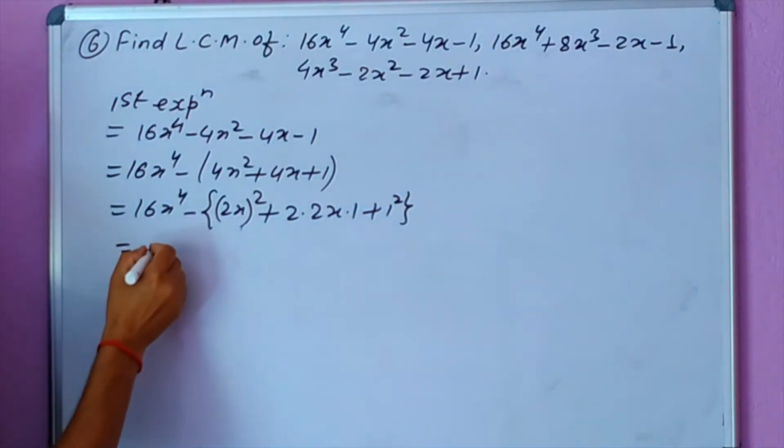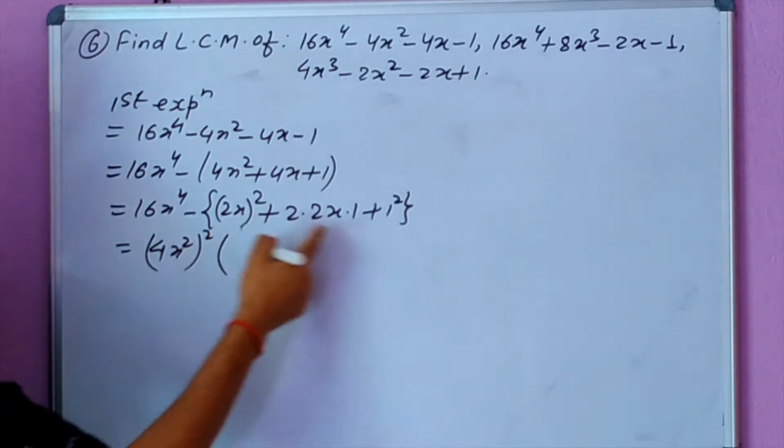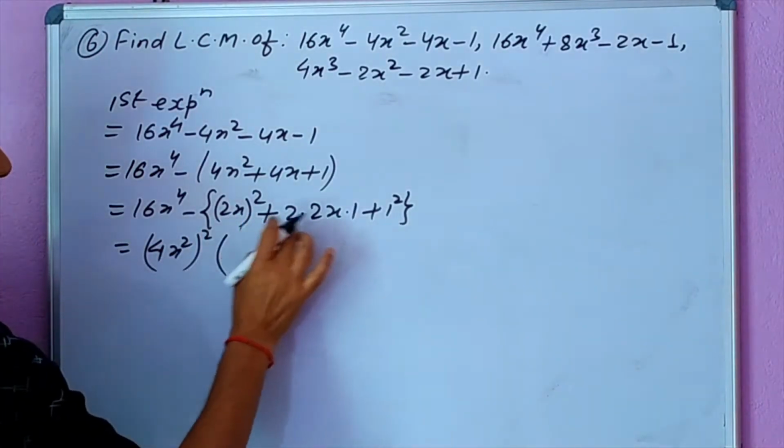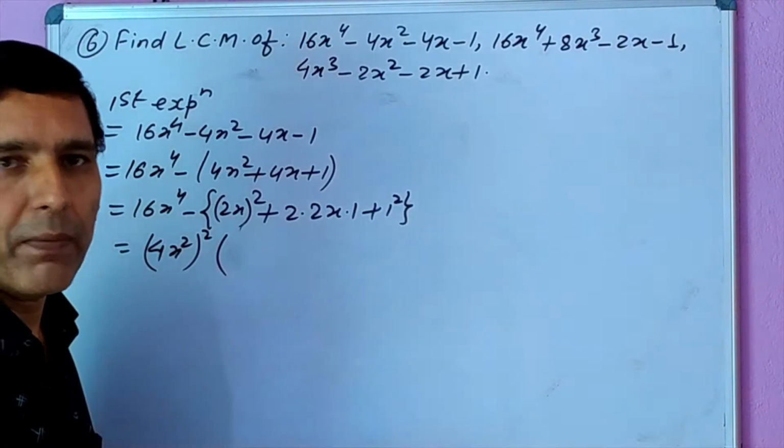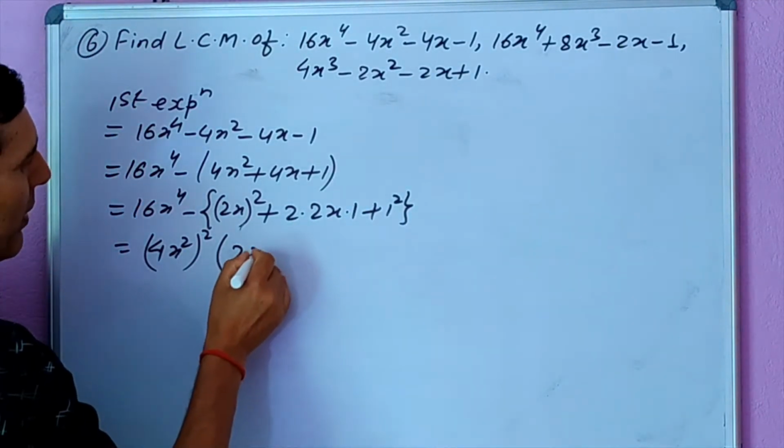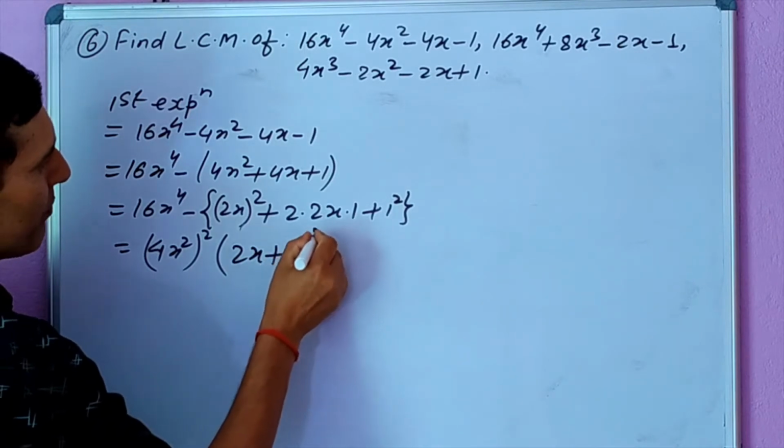So it is a plus b whole square. Therefore we can write here 2x plus 1 whole square.